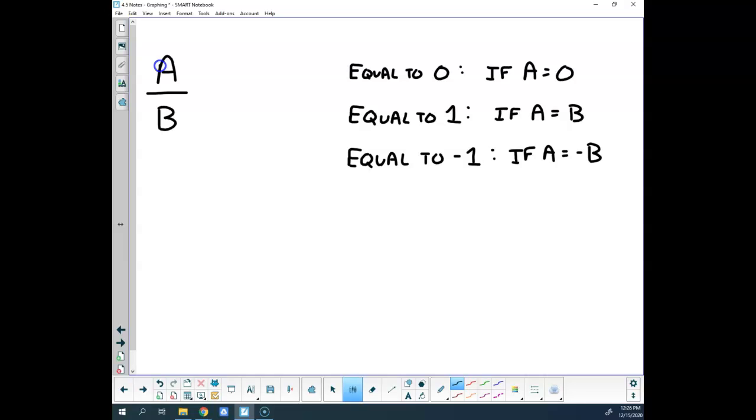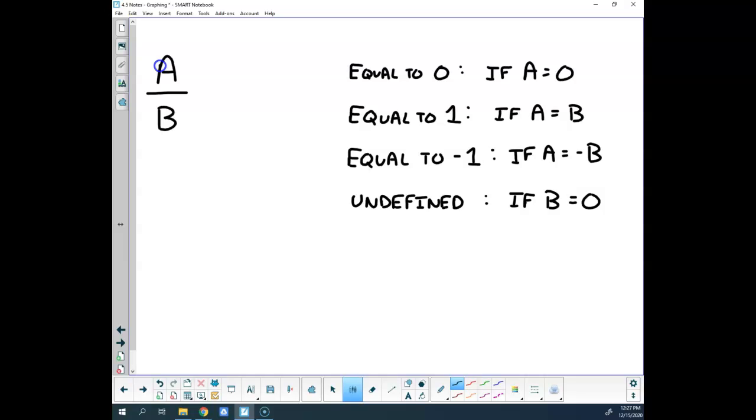When is that fraction undefined? Everybody understand those four? Fractional logic.